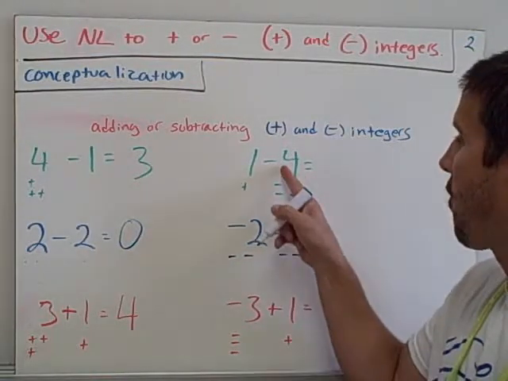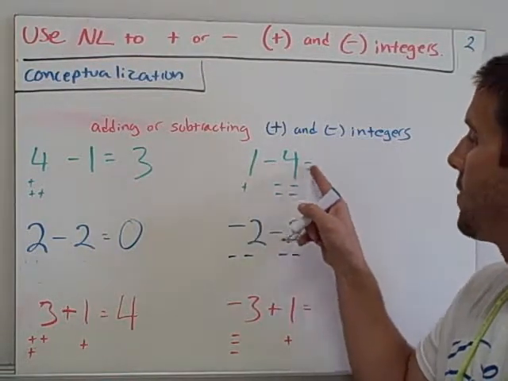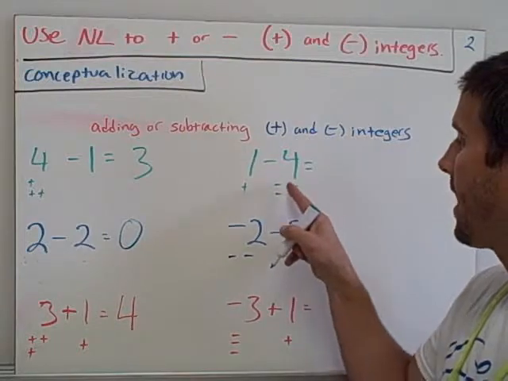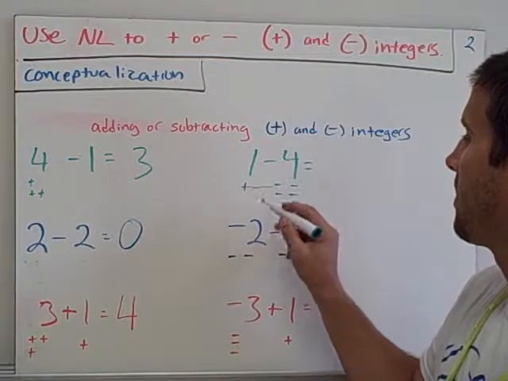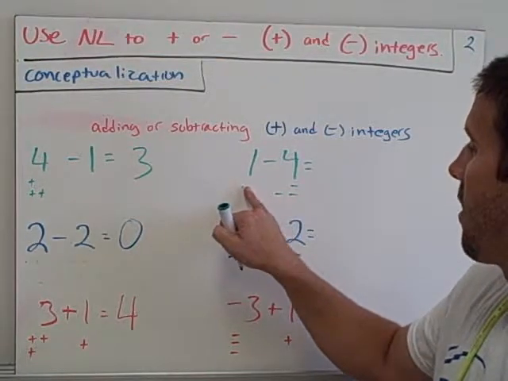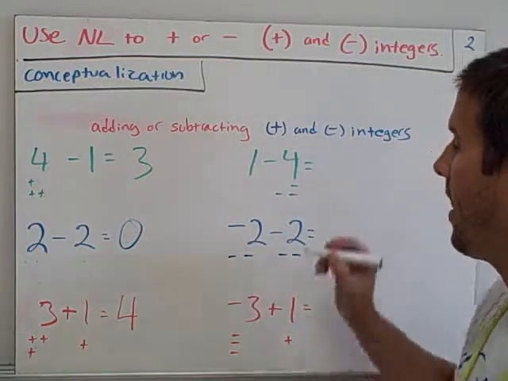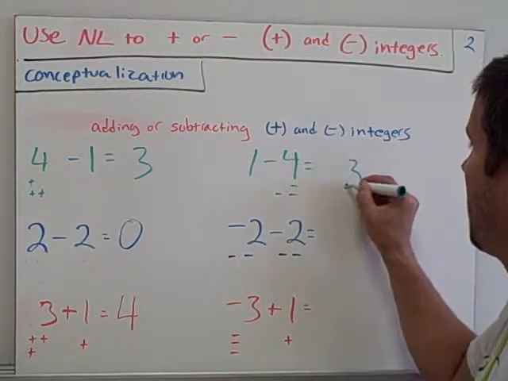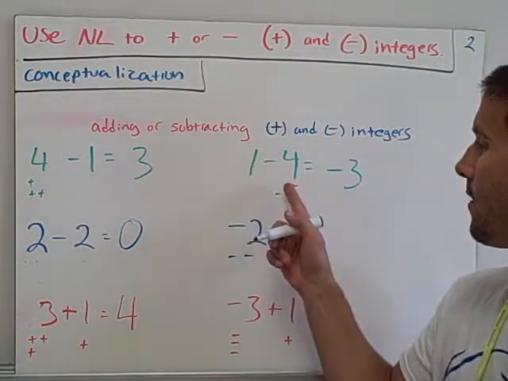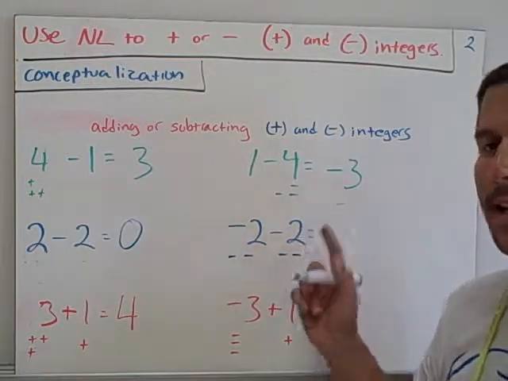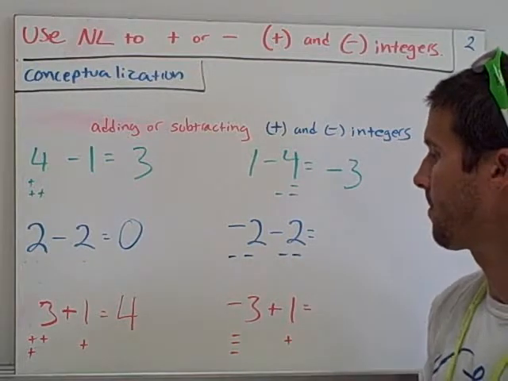Because this is 1 minus 4, I take the negative signs and draw 4 of them just so that I can see it. These two get together, they run off and get married, and look what we have left. We have 3 negative signs left. Therefore, 1 minus 4 equals a negative 3. Okay, it doesn't equal 3, it equals a negative 3.